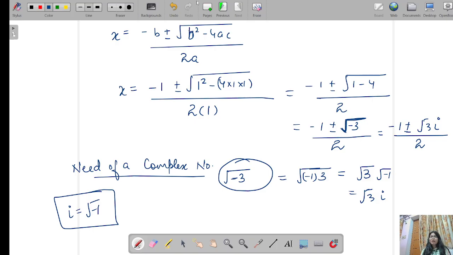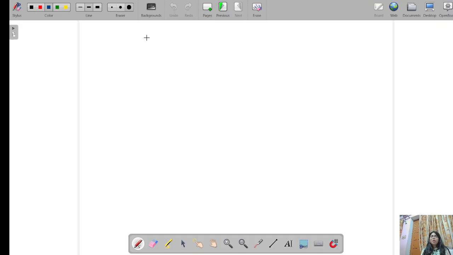From the quadratic equation, we are able to find the need of a complex number where the iota sign comes. It is denoted as iota. Alright, now iota is root minus 1.